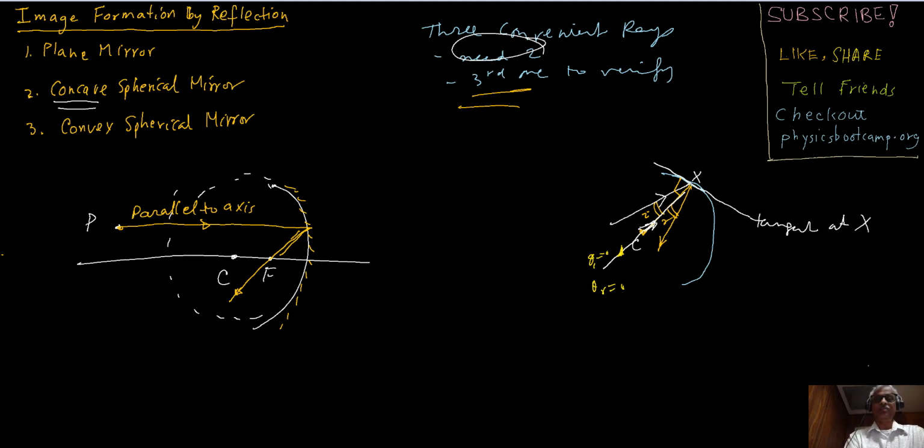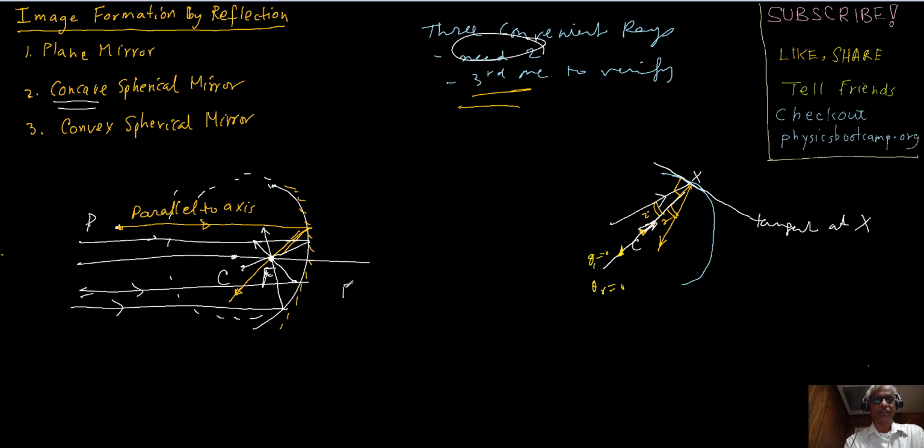But for some other point, all these rays parallel to the axis, as if there's a star far away and the rays have become parallel, will all go through this point after striking the mirror, and that's why it's called the focal point. So this point is called the focal point, and the distance is the focal length of this mirror.